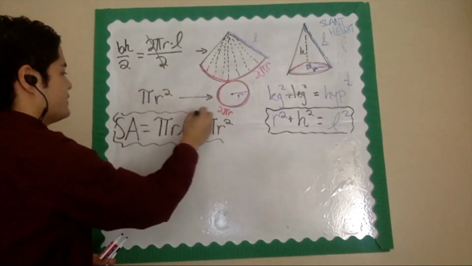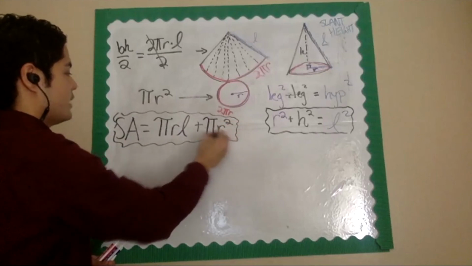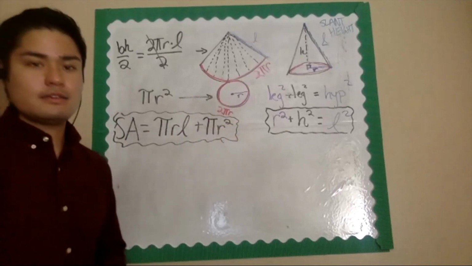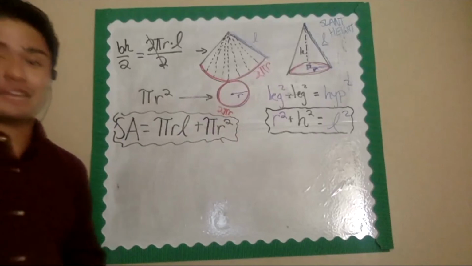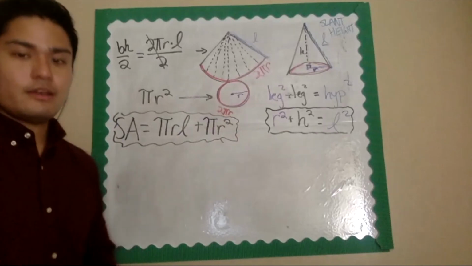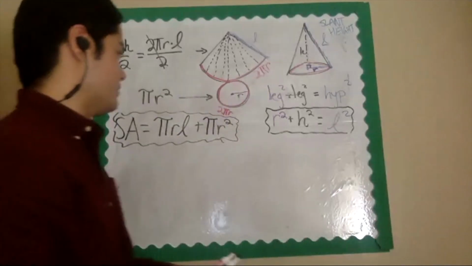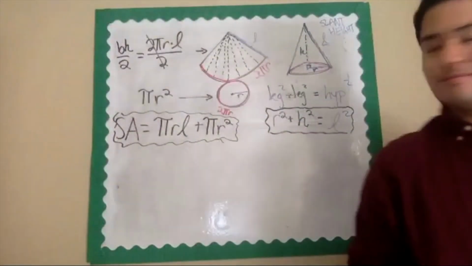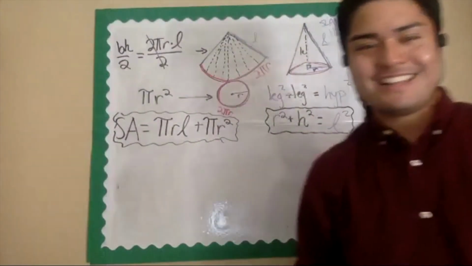And that is the surface area of my cone. Pi r L plus pi r squared. Of course, you could factor it out, do pi r times L plus r, but this is one way to write the surface area.